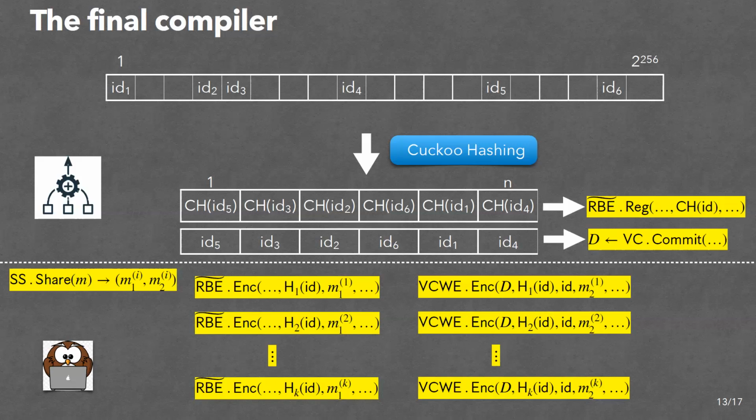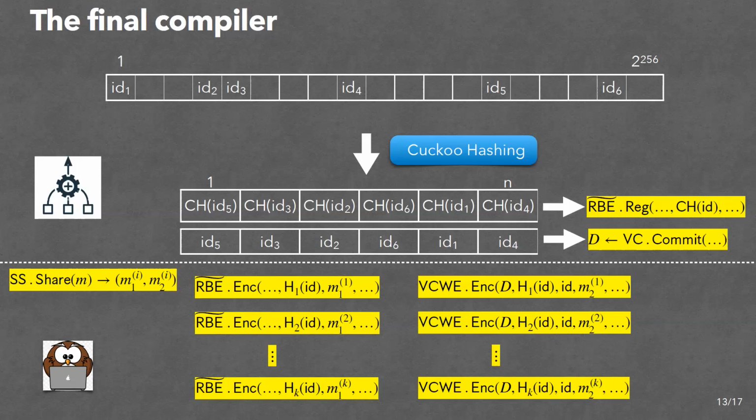One ciphertext contains one share of the message, and it's actually the RBE ciphertext as before. And for the other part, we put the other share of the message, and we say that if in this position, the actual ID that I want to encrypt to is there, then you will be able to decrypt the ciphertext and obtain the message.